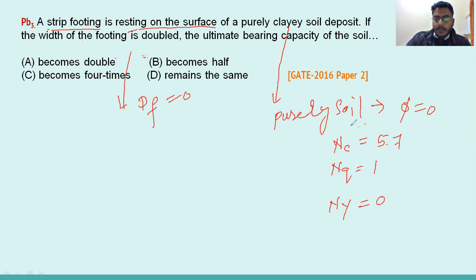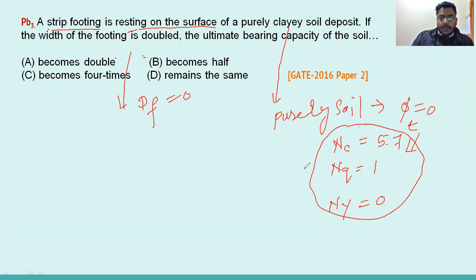And that you have to remember. Because in the 1 mark questions, in most of the GATE questions, they mention phi is equal to 0 but do not give any data about these. So you have to remember all these things: Nc is equal to 5.7, Nq is equal to 1, N gamma is equal to 0, when phi is equal to 0 for purely cohesive soil, right?